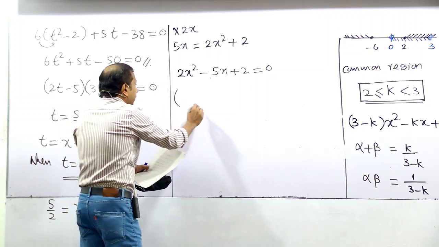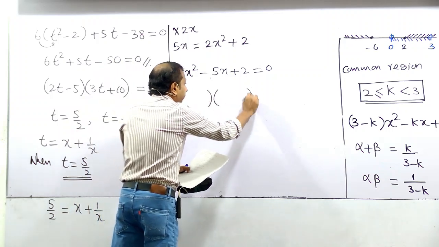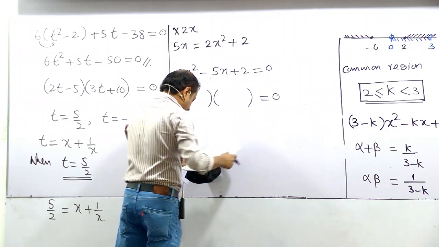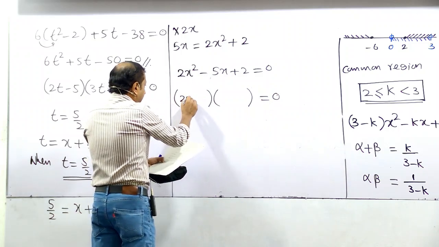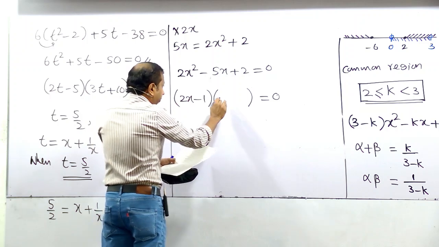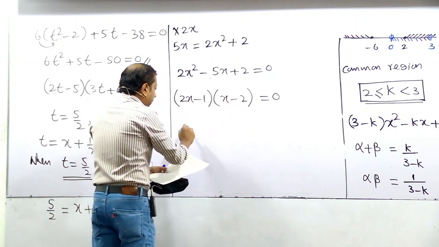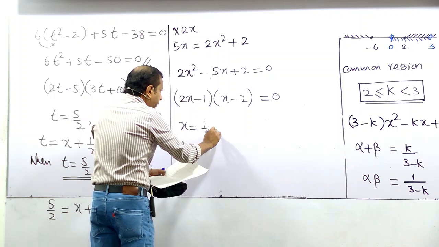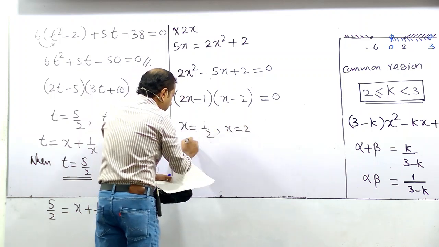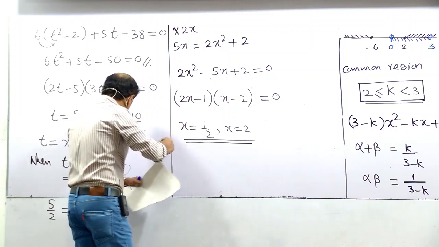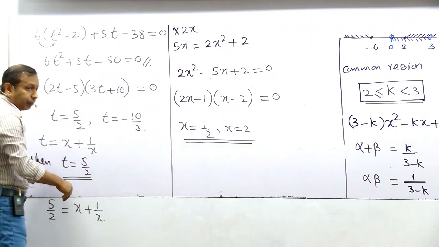Then factorize this. The factors come in like this: 2x minus 1, x minus 2. The two solutions here: x is half, x is 2, right? That is when t equals 5 by 2.